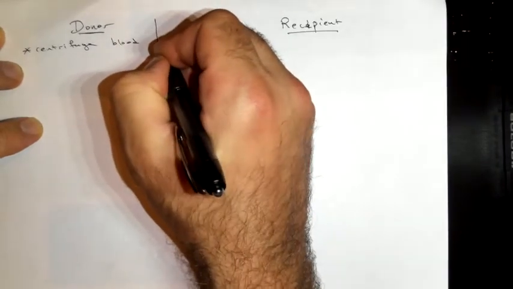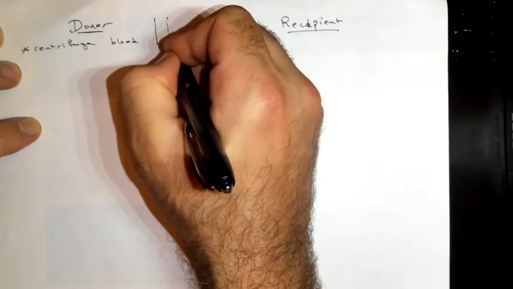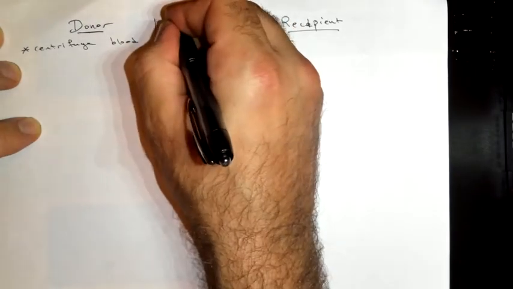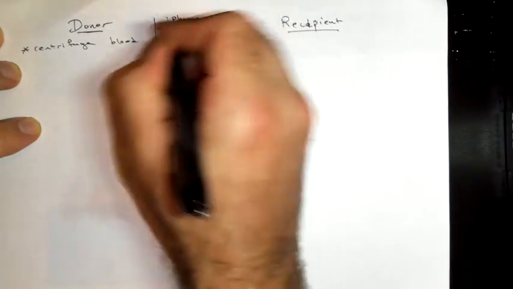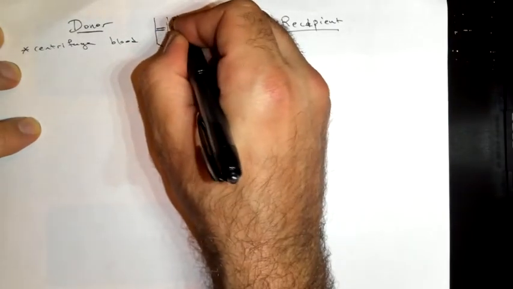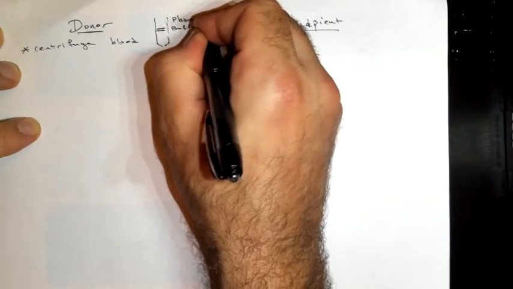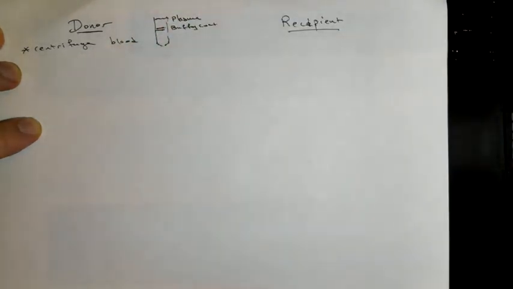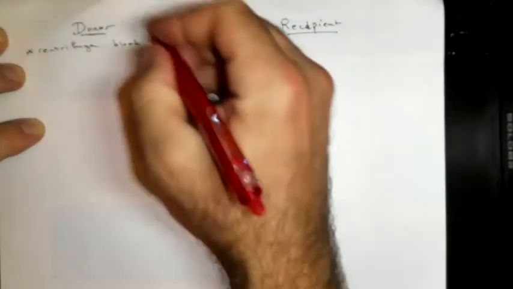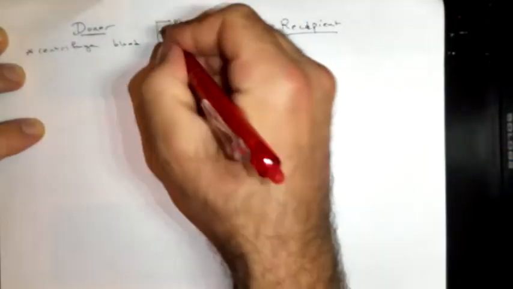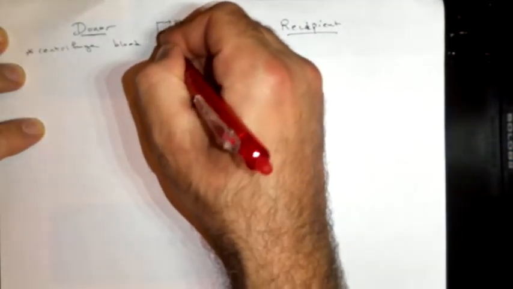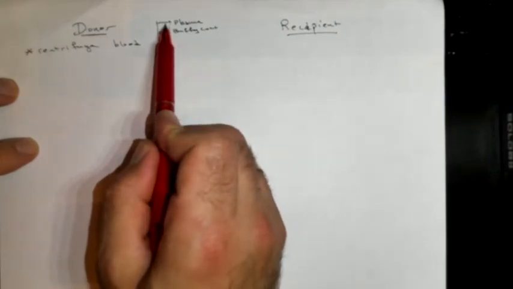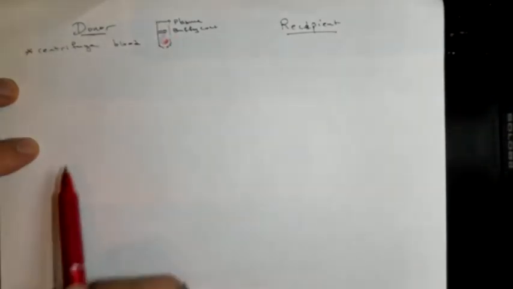So in this vial of blood, you have those three layers. You've got the plasma, you've got the buffy coat, and then at the very bottom, you're going to have the RBCs. Right? And basically the plasma is the one that has the antibodies inside of it.